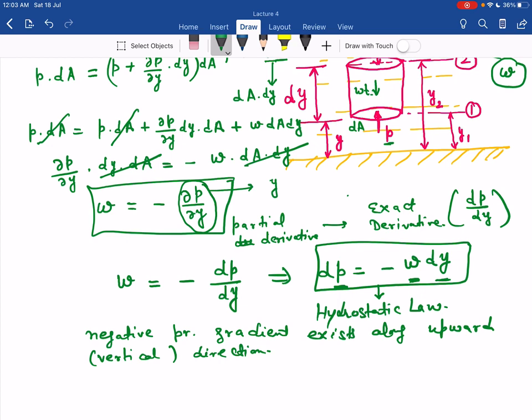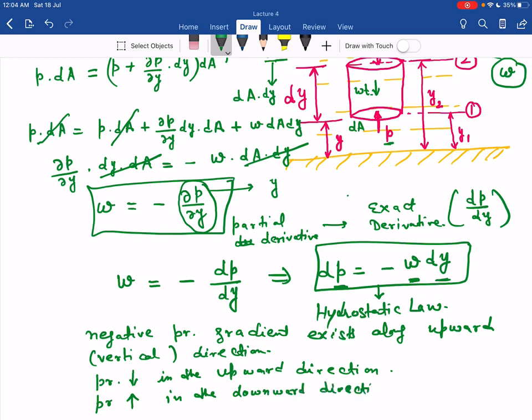So that means pressure decreases in the upward direction, or you can say pressure increases in the downward direction.